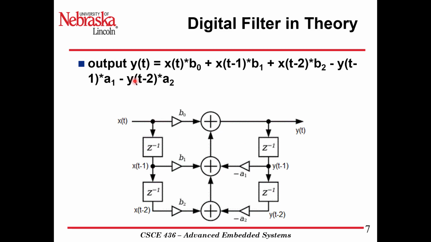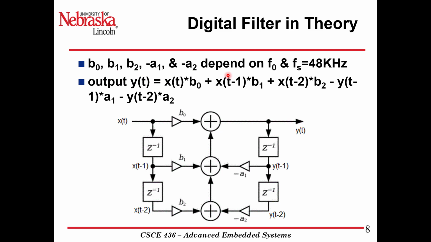And that can be generalized in an equation. y of t is equal to x of t times b sub 0 plus x of t minus 1 times b sub 1, plus x of t minus 2 times b sub 2, plus the negative coefficients. So it's basically subtracting y of t minus 1 times a sub 1 and y of t minus 2 times a sub 2.